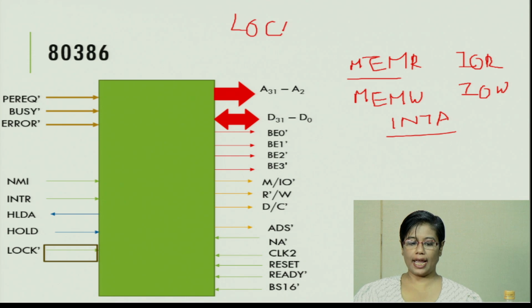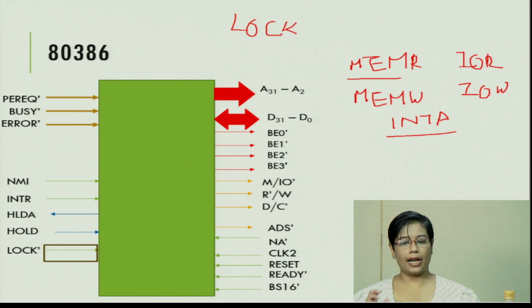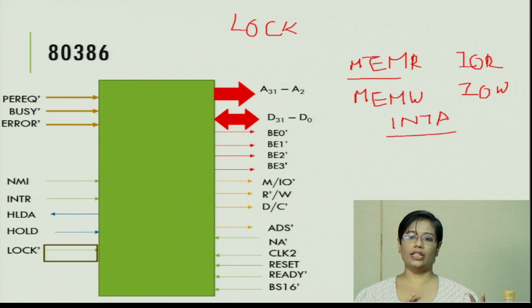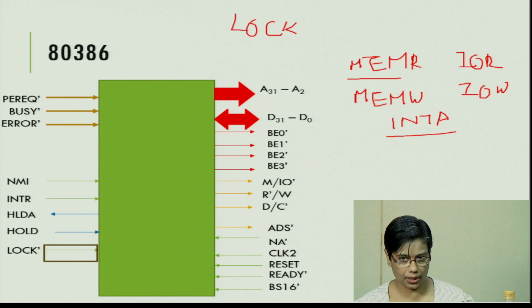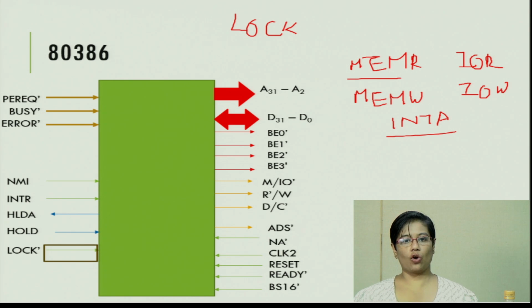An instruction can be given a lock prefix, and as long as that instruction is executing, no other bus master can take over the bus. On execution of the lock prefix, the bus is locked and not available to the external processors present in the system.